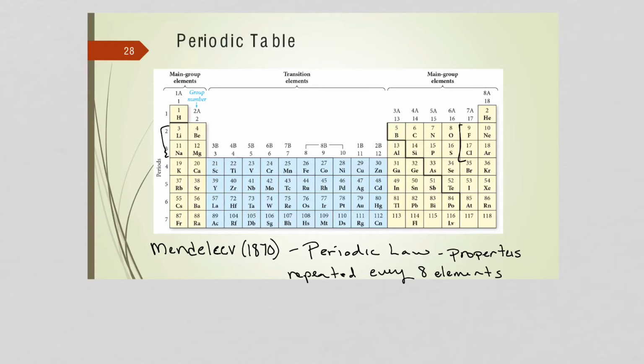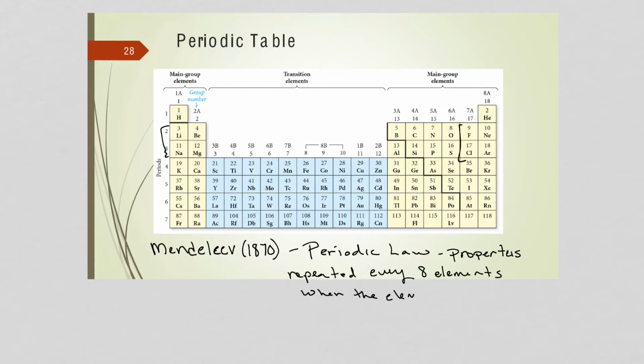He stacked these into columns, and this gave the basic format for what we know today as the periodic table. So it's based on this periodic law, where certain properties repeat in this periodic fashion every 8 elements in the beginning of the table.